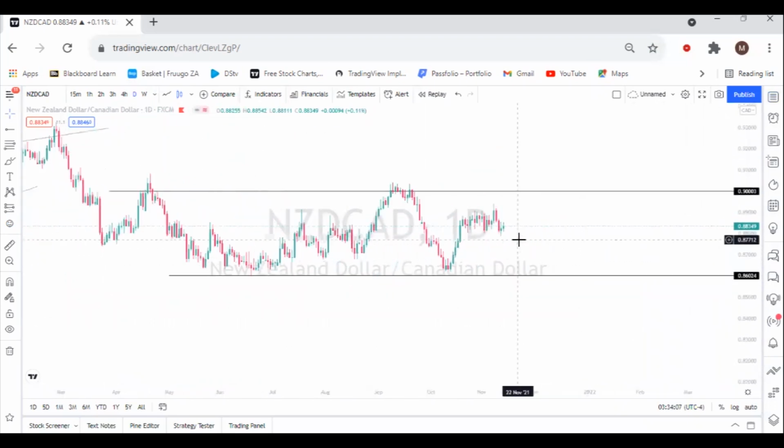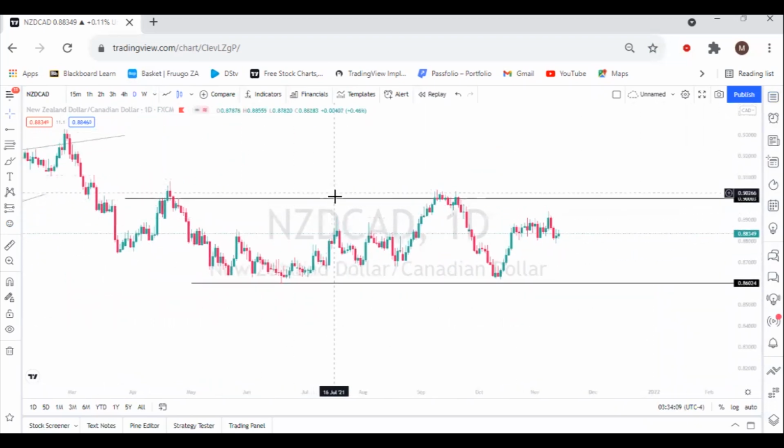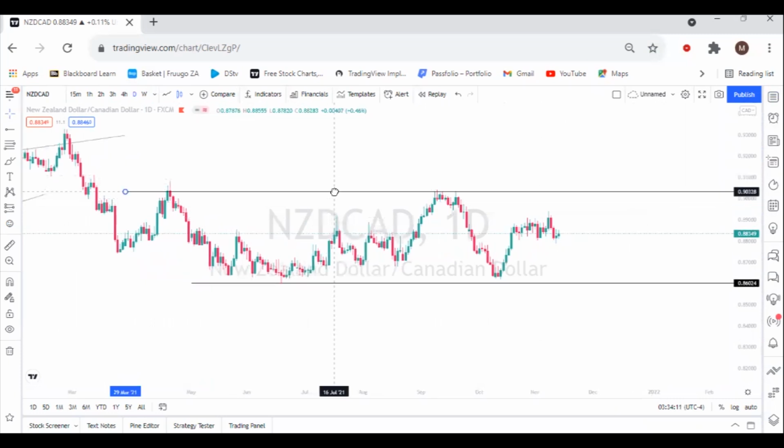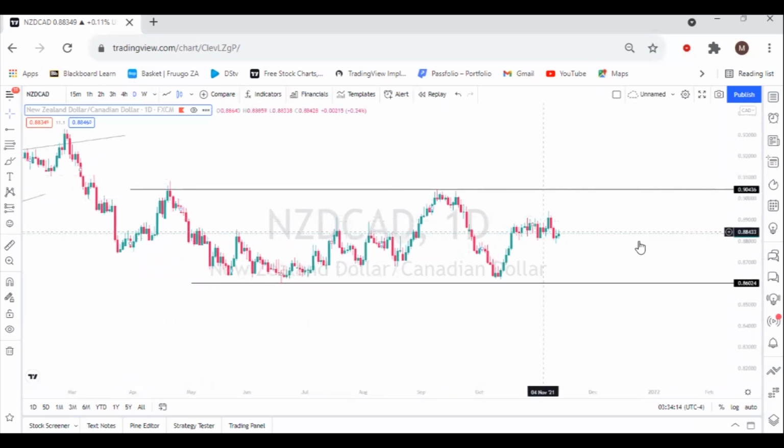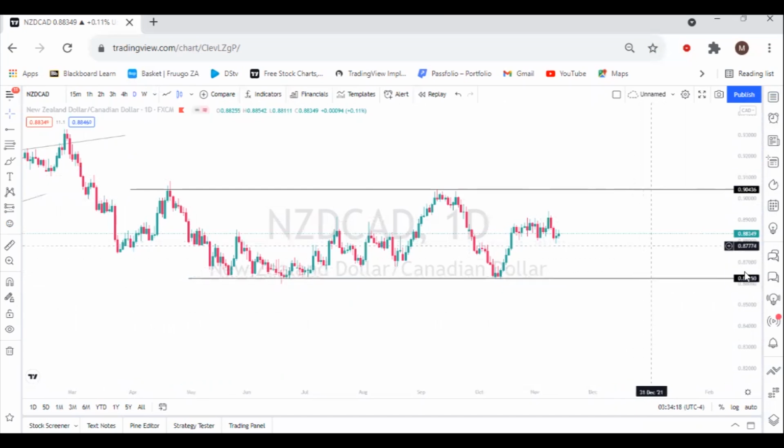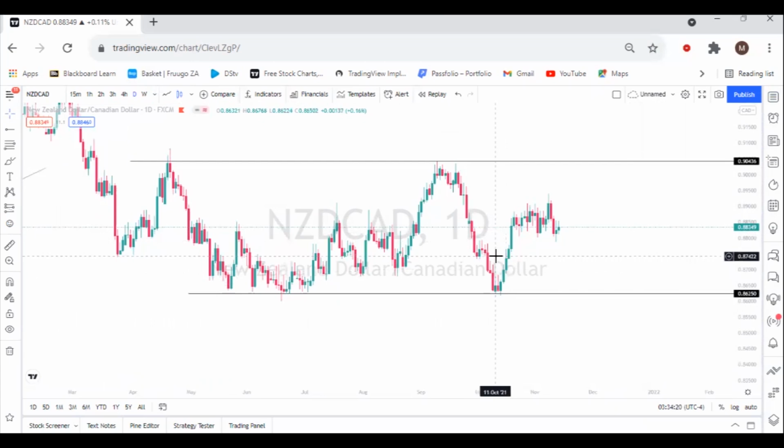So right now this is what we're dealing with. Let me just adjust this. So you can see on the resistance we have a series of just two touches, and we are looking for the third one to sell off because this is a huge correction.